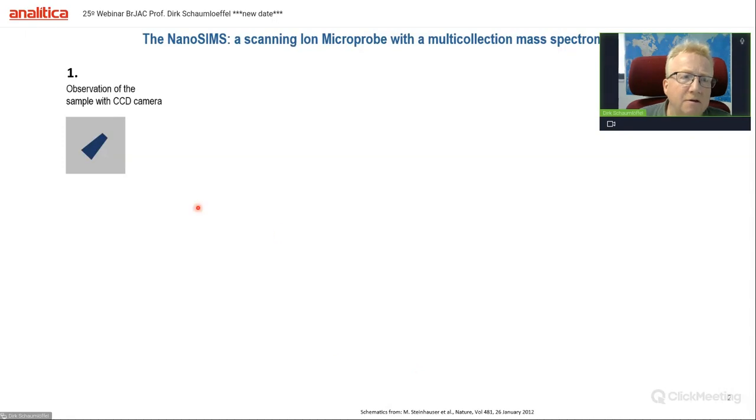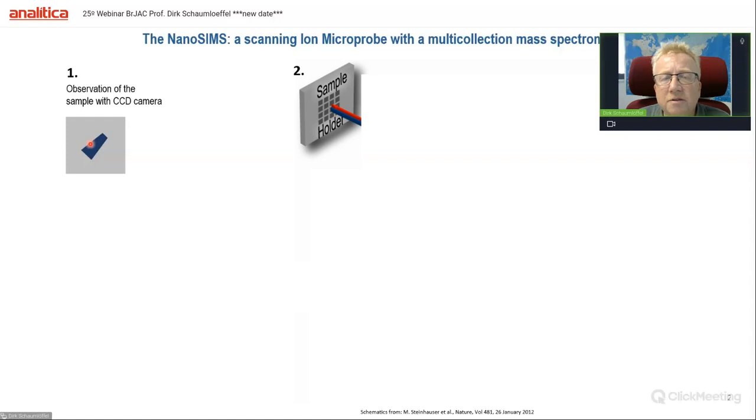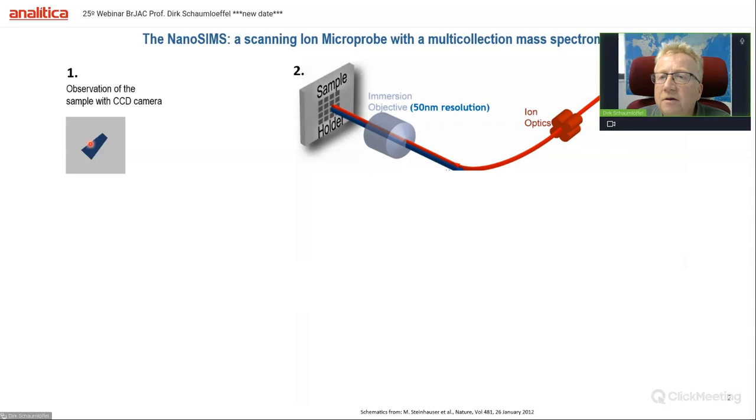So you have here a sample. First, you can observe your sample with a CCD camera, to have an overview about your sample. The CCD camera is like an optical microscope, and then you put your sample in front of the ion beam, and you use a primary ion beam, either cesium plus or oxygen minus ions.